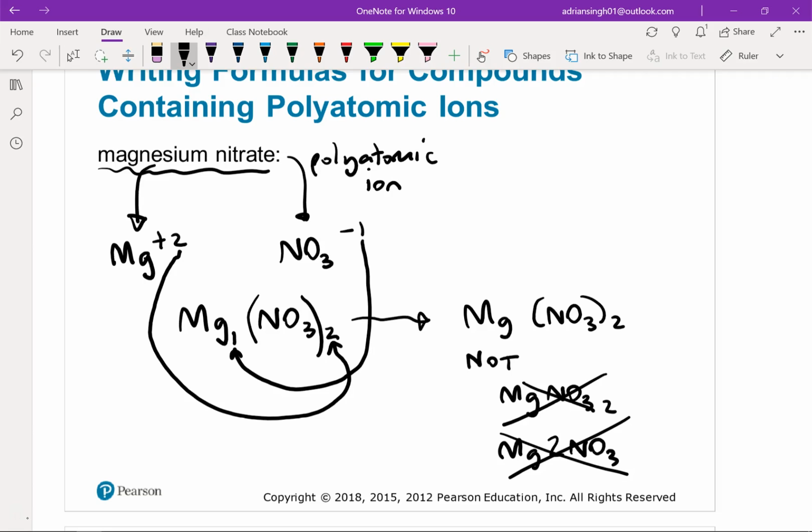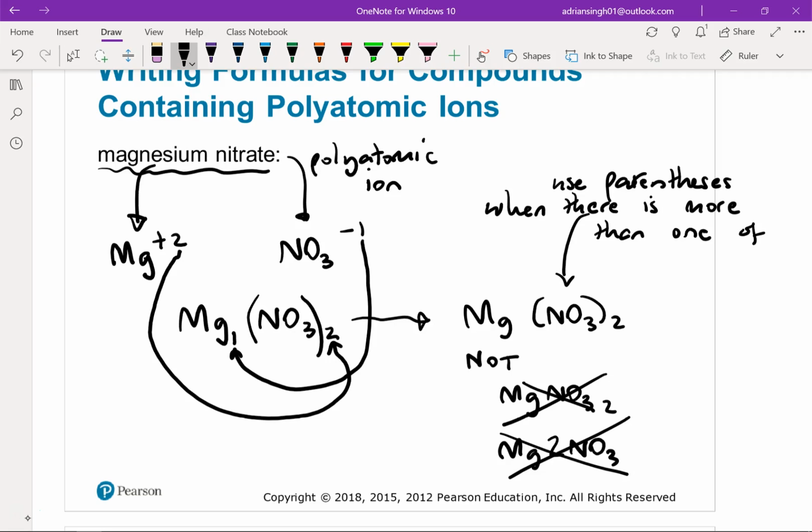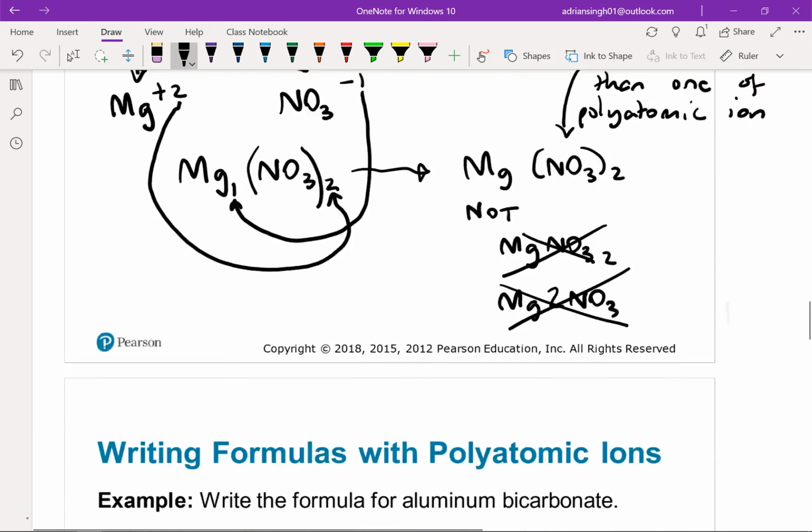So we're going to use parentheses here, and you only use them when you have more than one of the polyatomic ion in the formula. If you only have one polyatomic ion in it, then you don't need the parentheses.